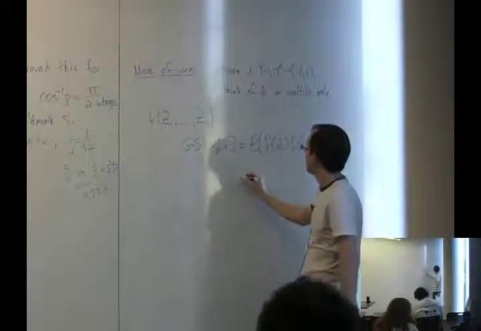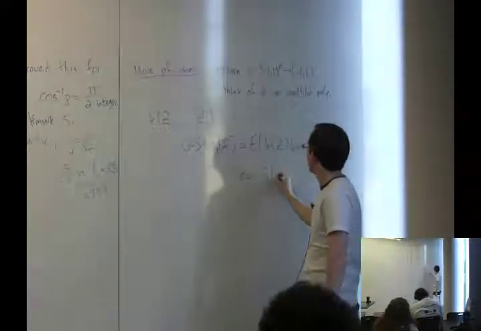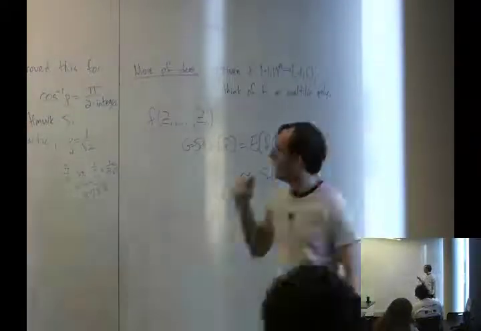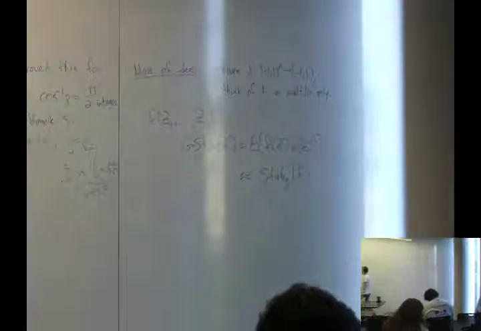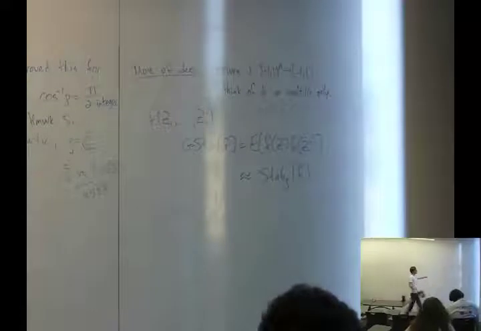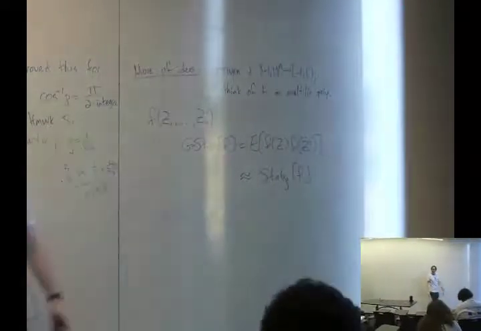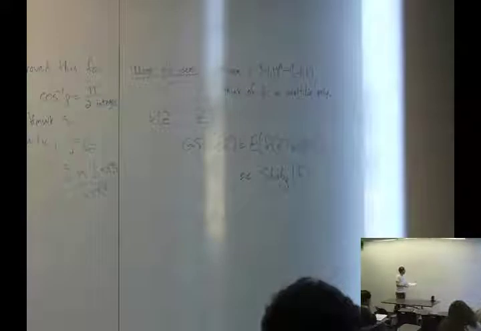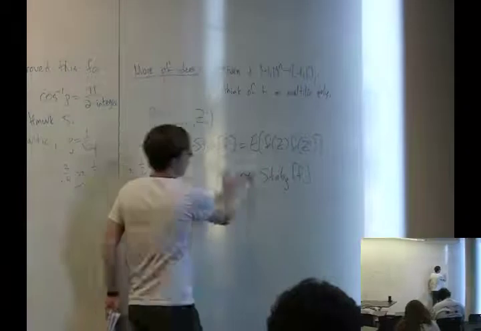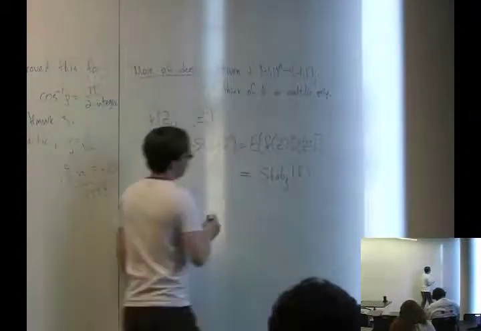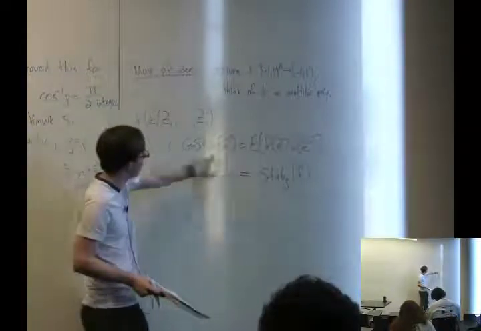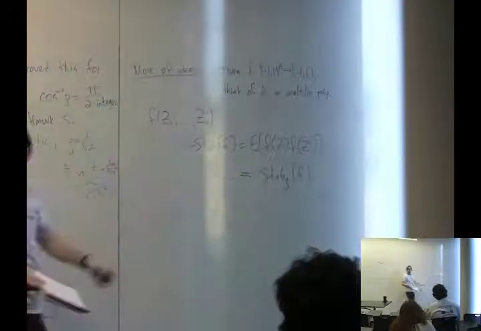You might ask whether this is equal to or related to the noise stability of f as a Boolean function, what you get if you do the same experiment but with correlated bits rather than correlated Gaussians. In fact, it's not just approximately true. This is actually equal. For multilinear functions, these two quantities are exactly equal.